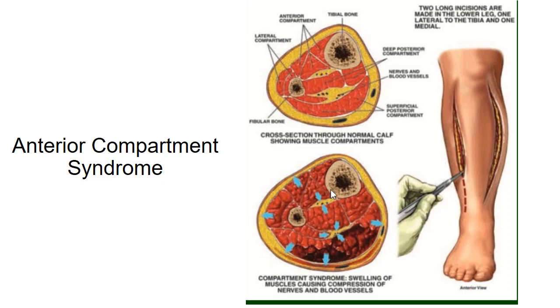Now, what could be the reasons or conditions which lead to compartment syndrome? There might be acute causes or chronic causes. Acute causes include the fracture of tibia and fibula that causes significant bleeding in one or more compartments of the leg. This uncontrolled bleeding increases the pressure within the compartment.